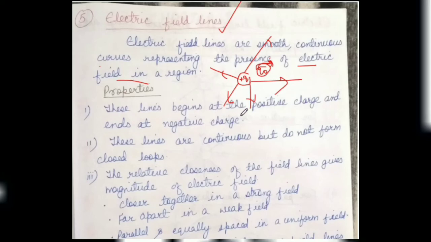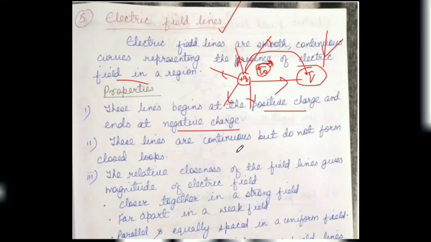What are the different properties of these electric field lines? These field lines begin at a positive charge and end at a negative charge. It always starts from the positive charge and, suppose here is a negative charge, ends at the negative charge. It means it originates from the positive charge, always away from the positive charge, and always towards the negative charge, right?